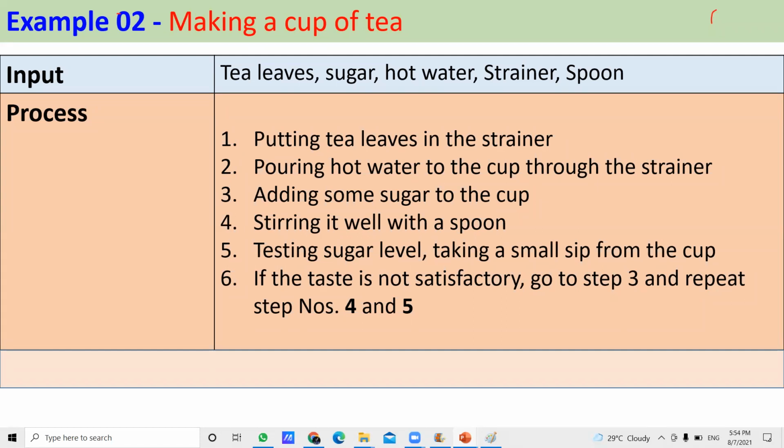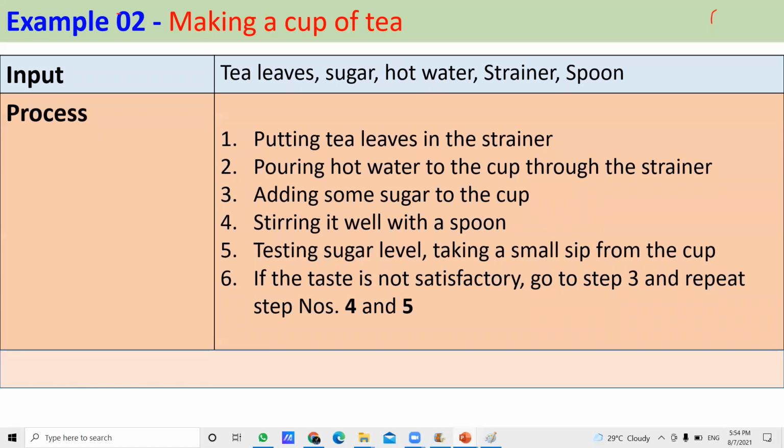Then step number 5, testing the sugar level. This helps make that cup of tea tasty. If you want to make it tasty, you want to test the sugar level. How are you going to check it? Take a small sip from the cup.